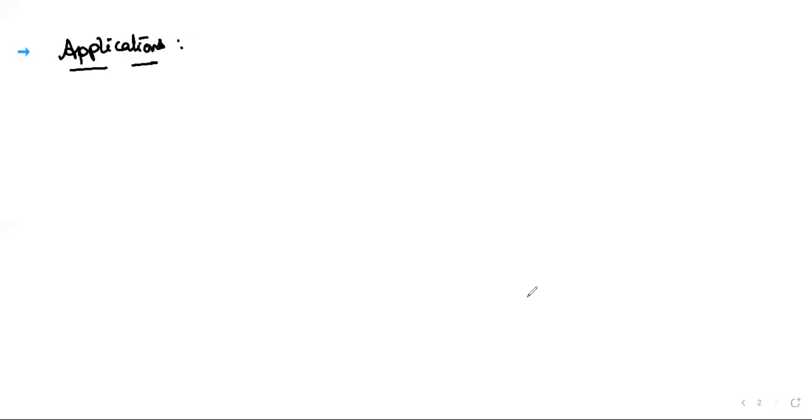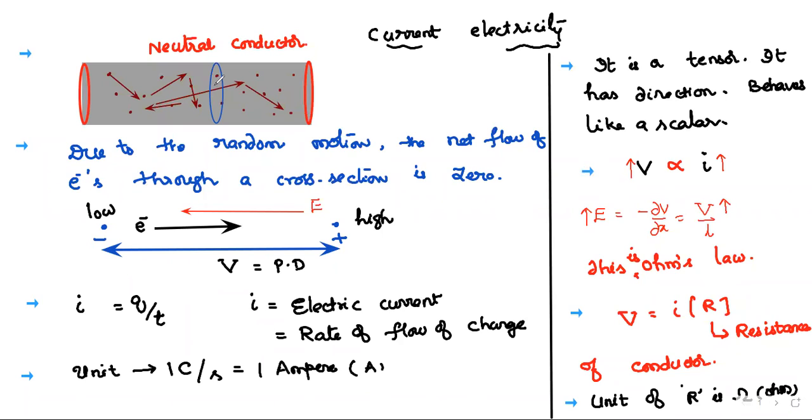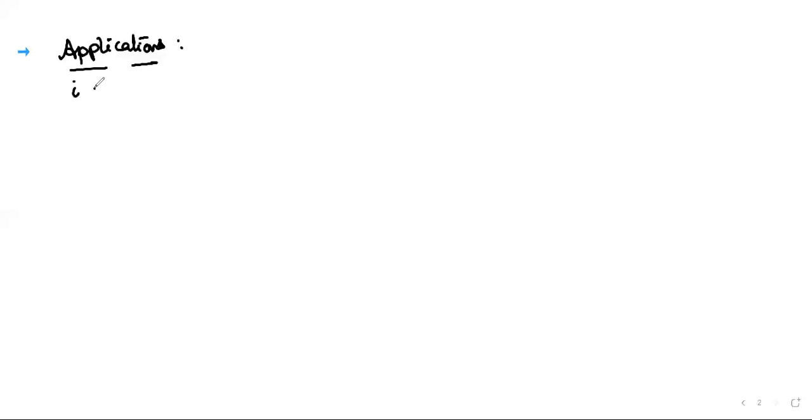Practically, if you give more time, more charge will cross. So Q is variable, T is variable now. So I is equal to dQ by dt, in differential form. This is one model.